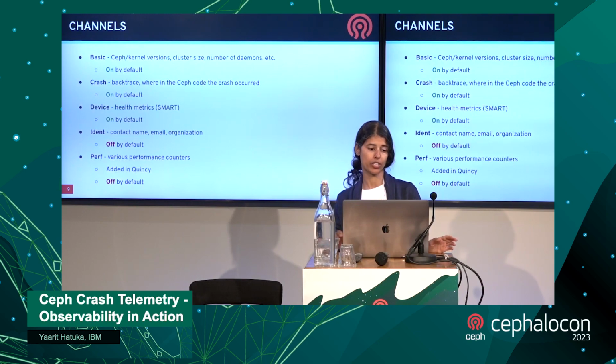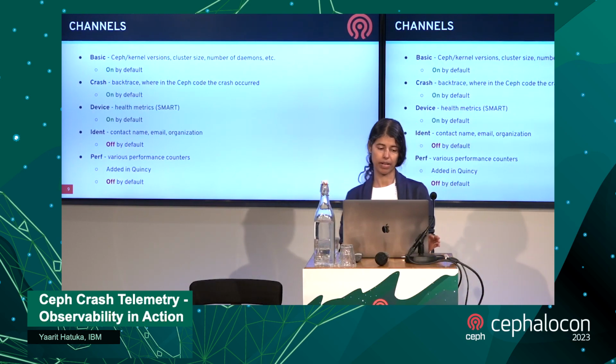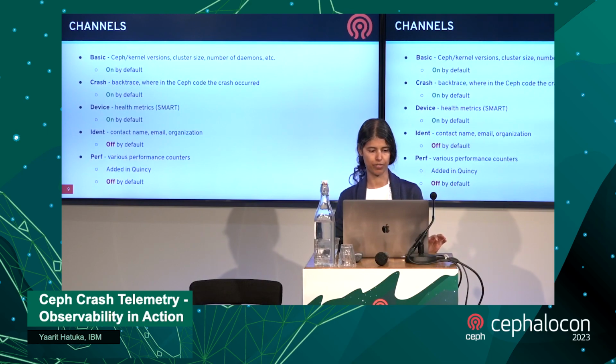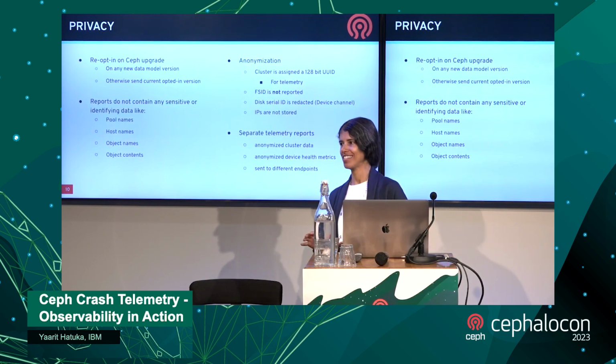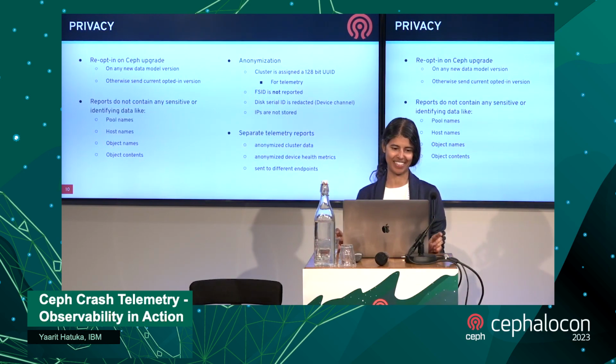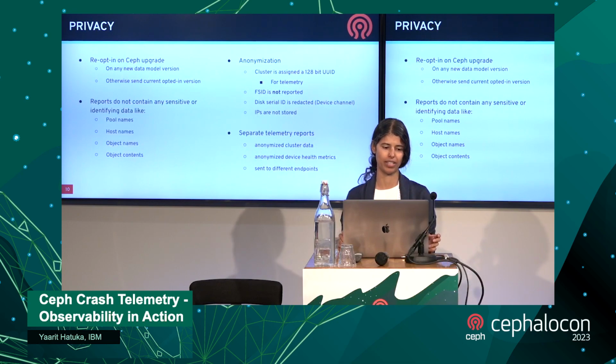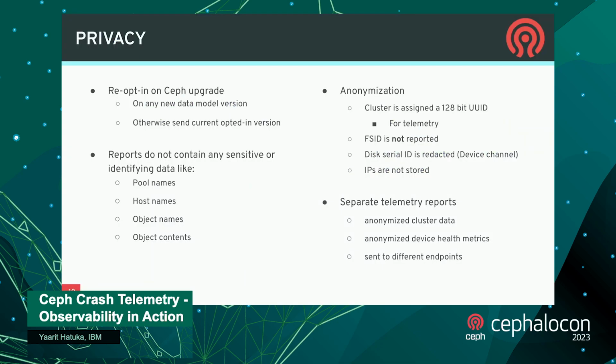So the basic, crash and device channels are on by default, and the ident and perf channels need explicit opt-in to turn them on. We take privacy seriously, and whenever we add data to the telemetry report, we require users to re-opt in. Otherwise, since Quincy, they can keep sending the data that they already opted into.